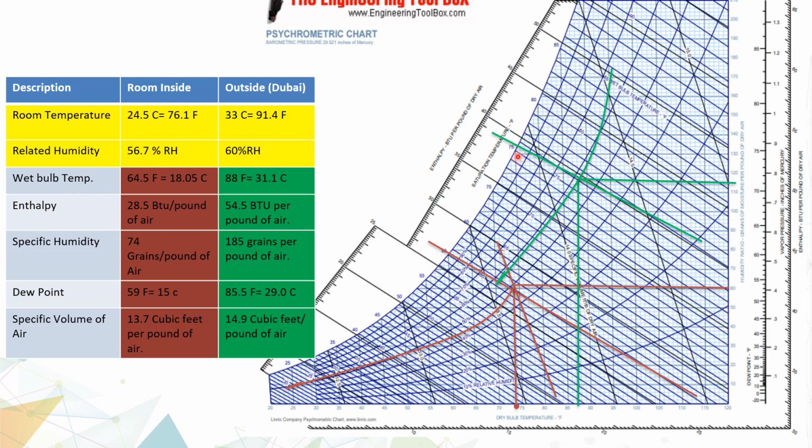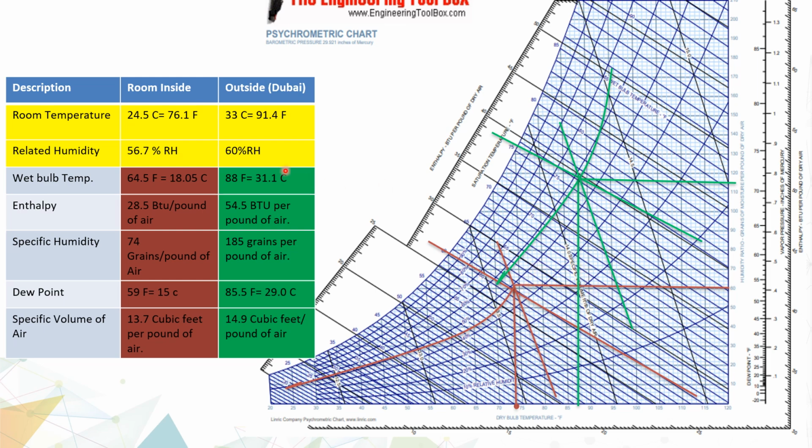That means if you convert to Celsius, it is 31.1 degrees Celsius, and the enthalpy shows 54.5 BTU per pound of air. The enthalpy we found, the specific humidity also, the dew point we found here, and the specific volume line is this line. The specific volume shows 14.9 cubic feet per pound of air. That means 1 pound of air takes 14.9 cubic feet.